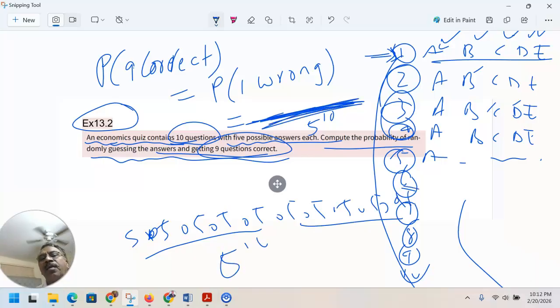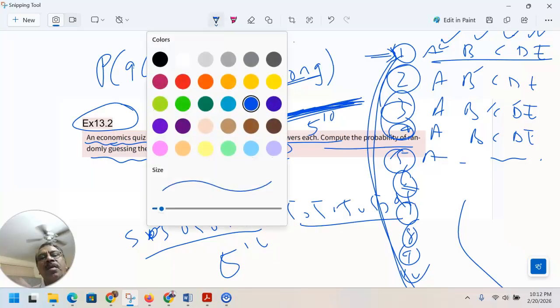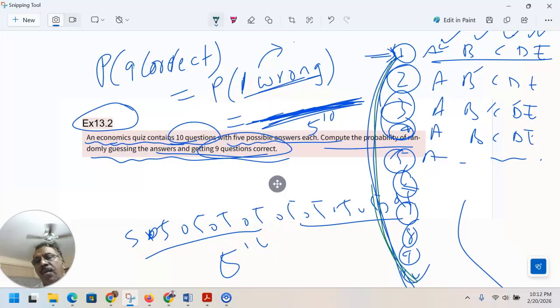The calculator does the job, but the main thing is one wrong question. So this is how many outcomes are favoring one wrong. Now, since there are 10 questions, it could be any of these 10. It could be this wrong, this wrong, this wrong. So from 10 you have 10C1.